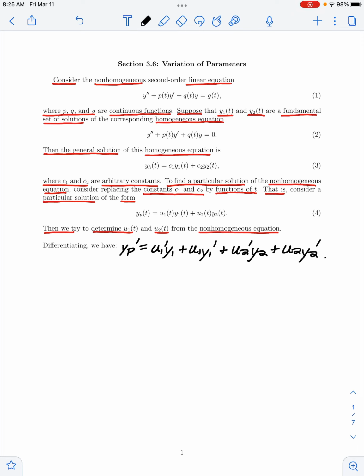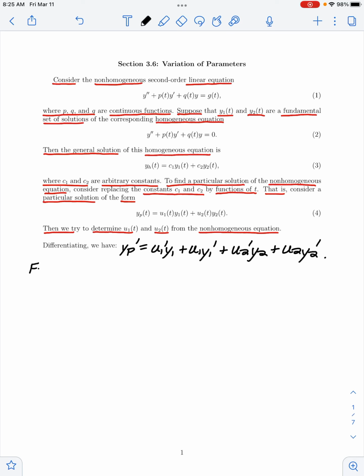And before I find my second derivative, I'm going to make a simplifying assumption so that when I take my second derivative, I don't have any terms involving the second derivatives of u1 and u2.